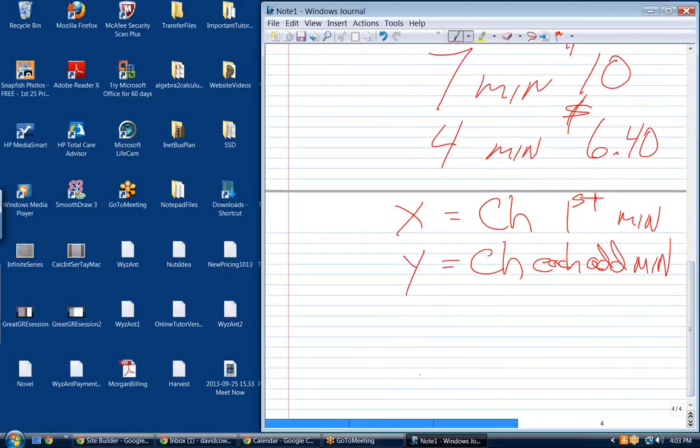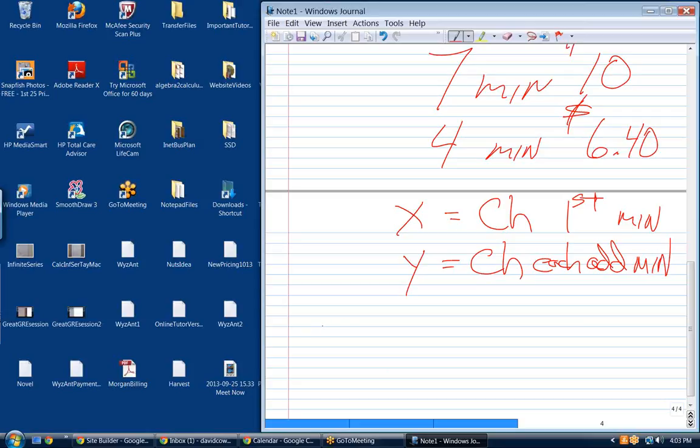Okay. So if a 7-minute phone call equals $10, what equation can I write? Remember that the $10, you get that from the charge for the first minute plus the charge for each additional minute times the number of additional minutes you have.